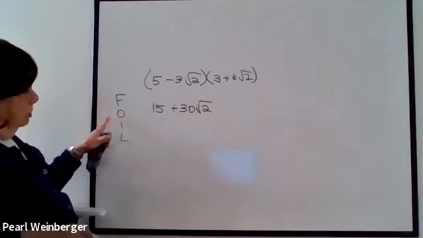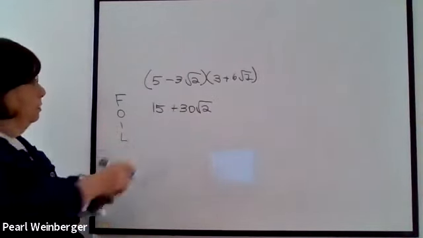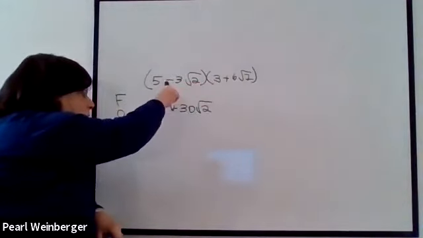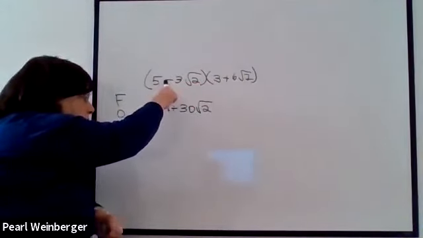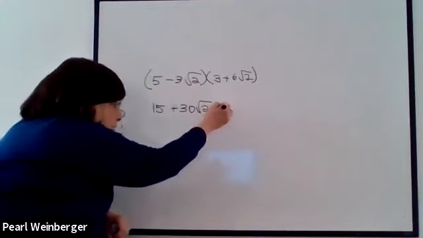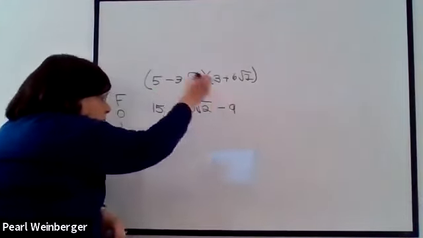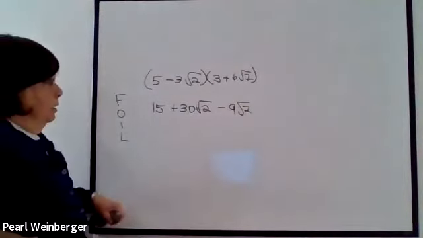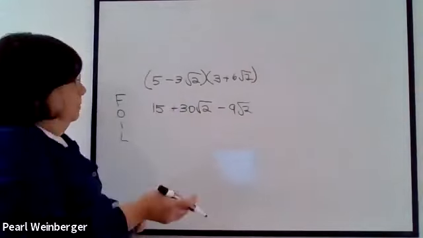That's my outer. Now I do my inner. Inner is the negative 3 radical 2 times the 3. So again, I multiply the outside numbers. Negative 3 times 3 is negative 9. And again, I just bring over the radical 2, because really, it's like multiplying it by a 1.